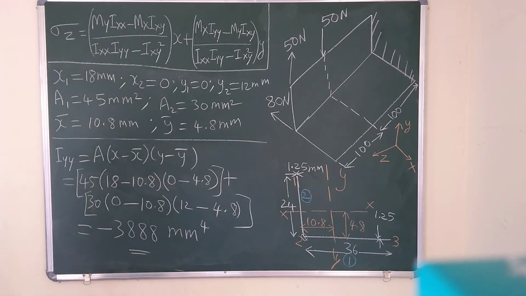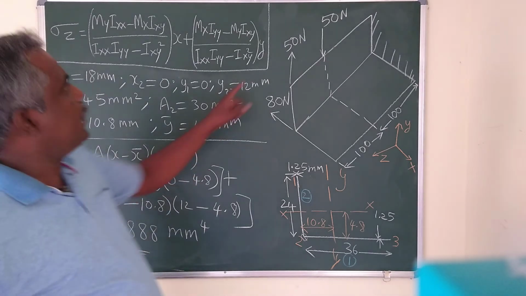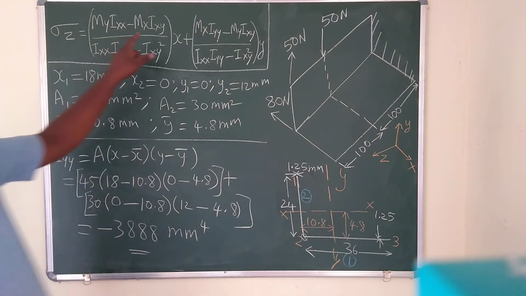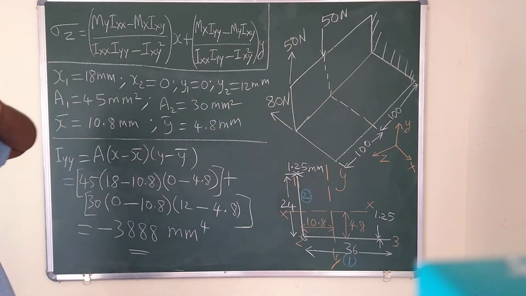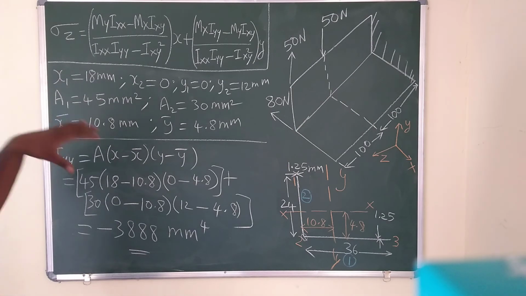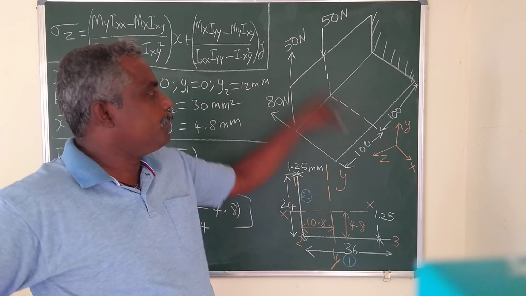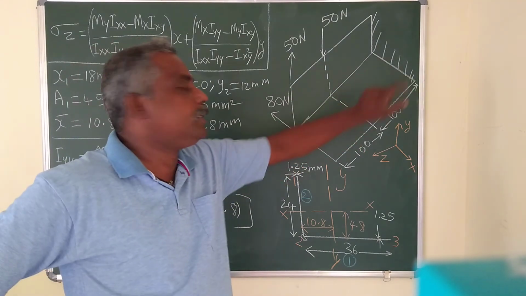So now we have calculated Ixx, Iyy, Ixy. Just plug in these values in this bending stress expression. Now we need to calculate mx and my. In the problem statement it is given, find the direct stress due to bending at off way of the beam and also at the built-in end of the beam.